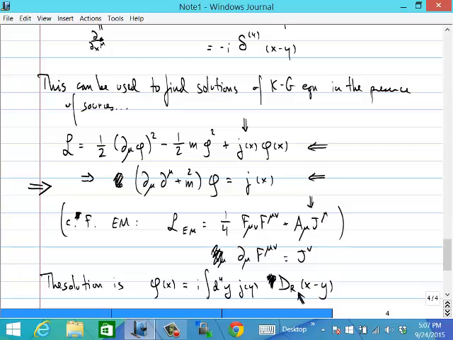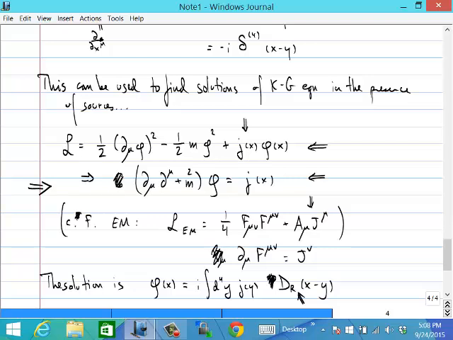For example, you could define an advanced Green's function, which would describe a propagation backwards in time. That's not something that violates causality. It's just some sort of formal solution to the equations of motion that would describe some complicated field configuration in the far past that would evolve towards some delta function at a point x equals y.